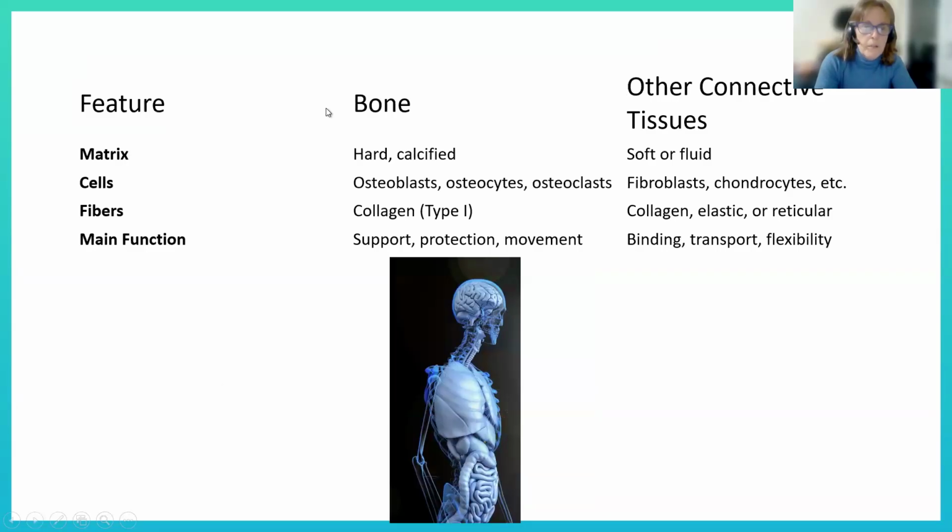So in bone, the matrix is hard or calcified. Cells making up the bone have special names: osteoblasts, osteocytes, osteoclasts, and its main function is support, protection, movement. Other connective tissues, like the blood example, have this soft or fluid matrix. They have different types of cells, like red blood cells, white blood cells in the example of blood, different types of fibres, and different functions like binding, transport, and flexibility.